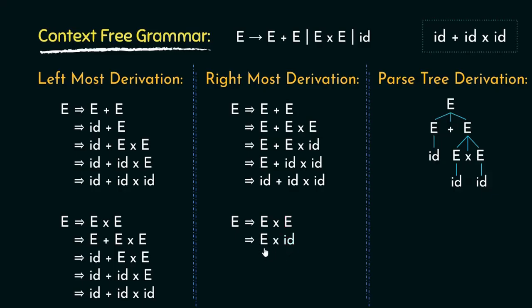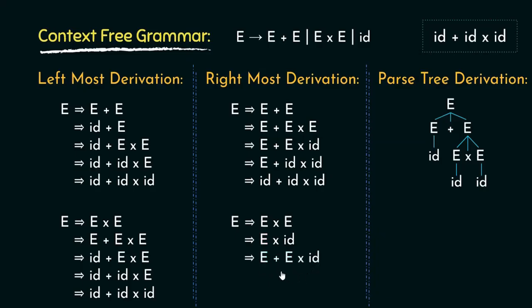Now there's only one non-terminal, so let's expand that. Notice that we have covered the last portion and we are yet to derive this portion. So from this e, using the first rule, we will derive the sentential form e plus e into id.